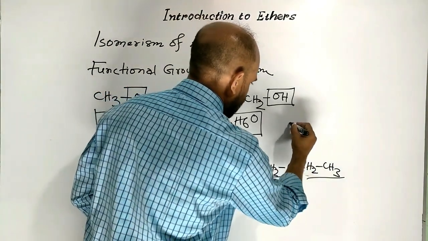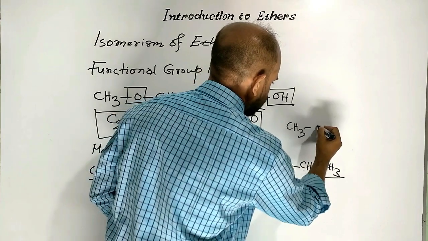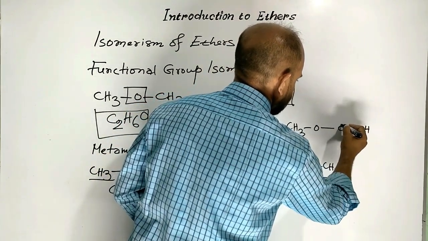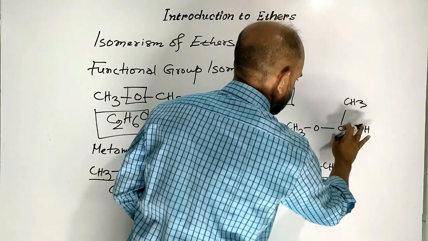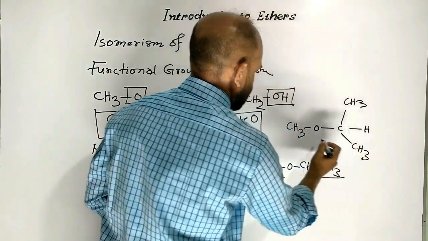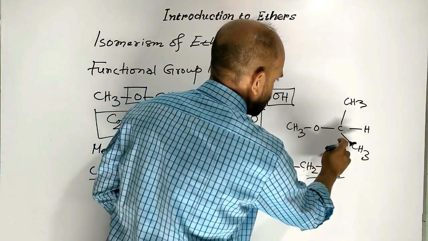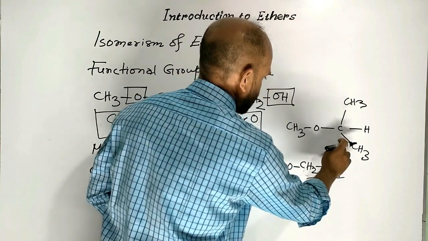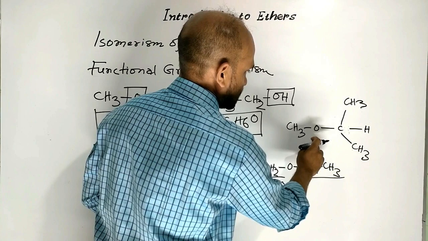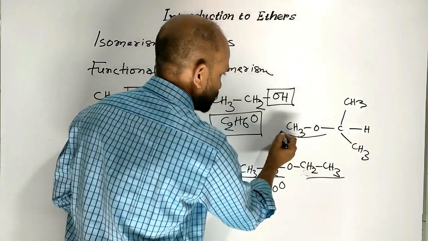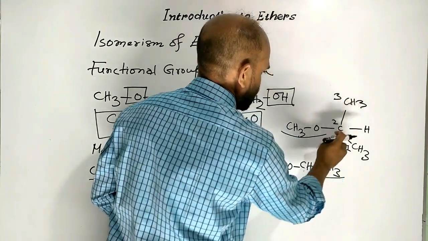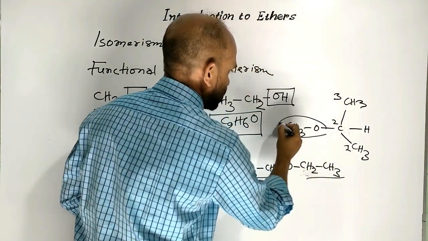Let us write another structure. This is methyl, this is isopropyl. So methyl isopropyl ether or 2-methoxypropane, at carbon 2 a methoxy group.